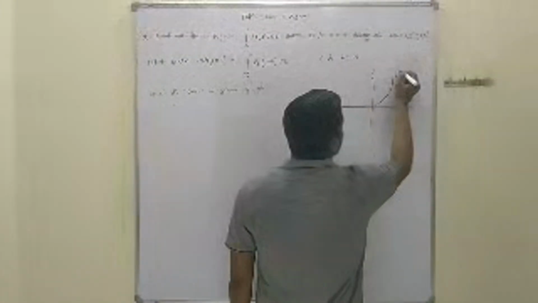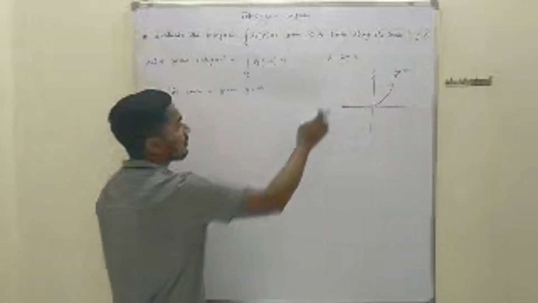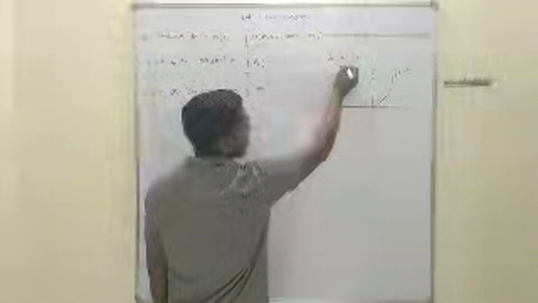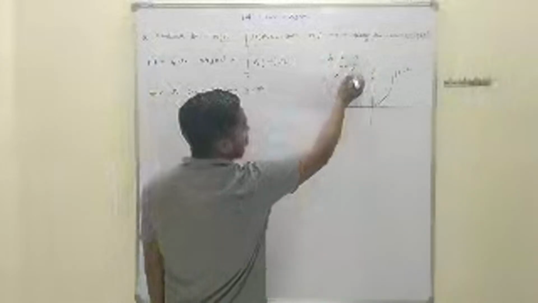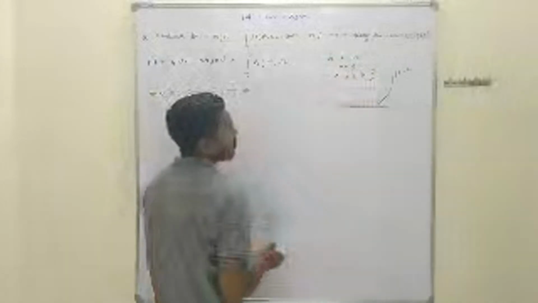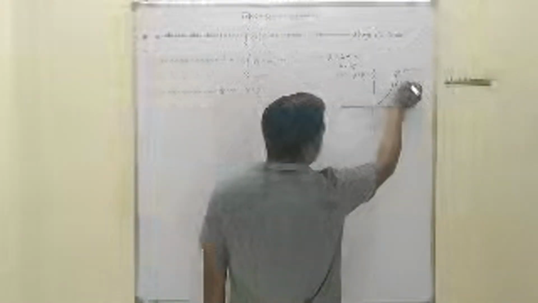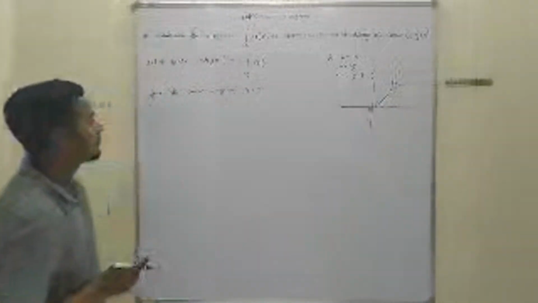This is written in complex form, so we consider z as x plus iy. Here x is equal to 2 and y is equal to 4, so the point is (2, 4), and this is the origin. Further we have to solve.